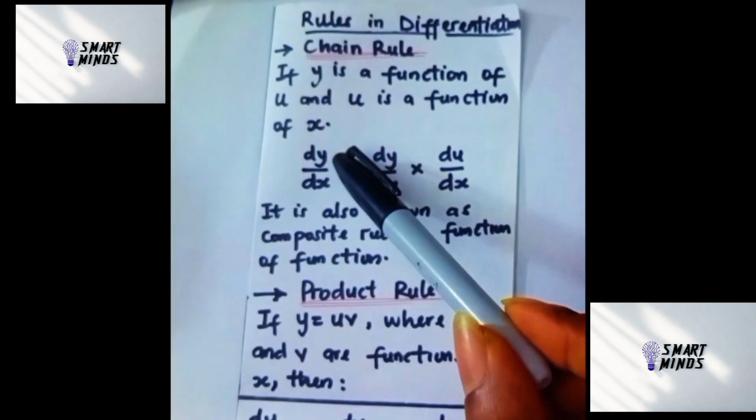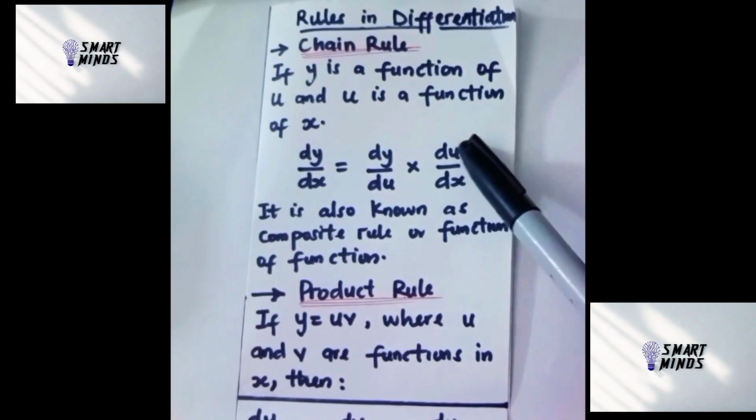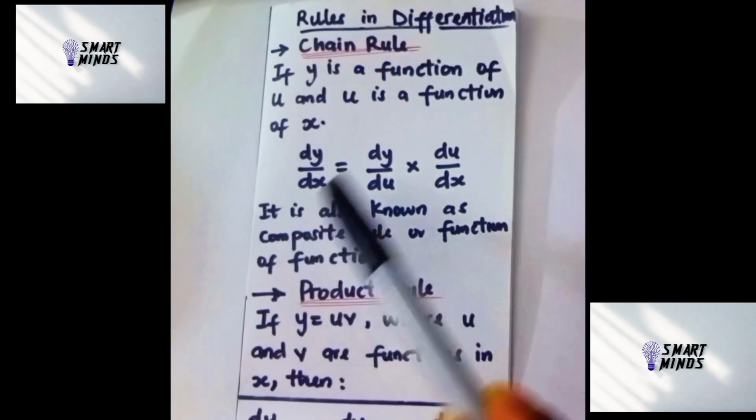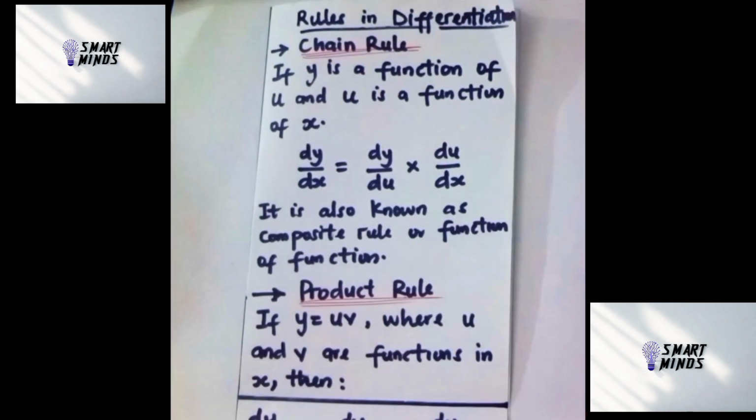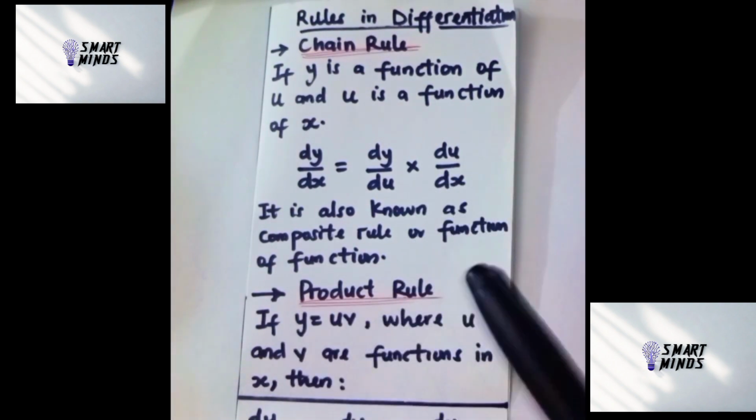So the formula is dy by dx equals dy by du times du by dx. This formula is also known as composite rule, or function of function. I'll be solving some questions and applying this chain rule, and I will tell you when to use it.